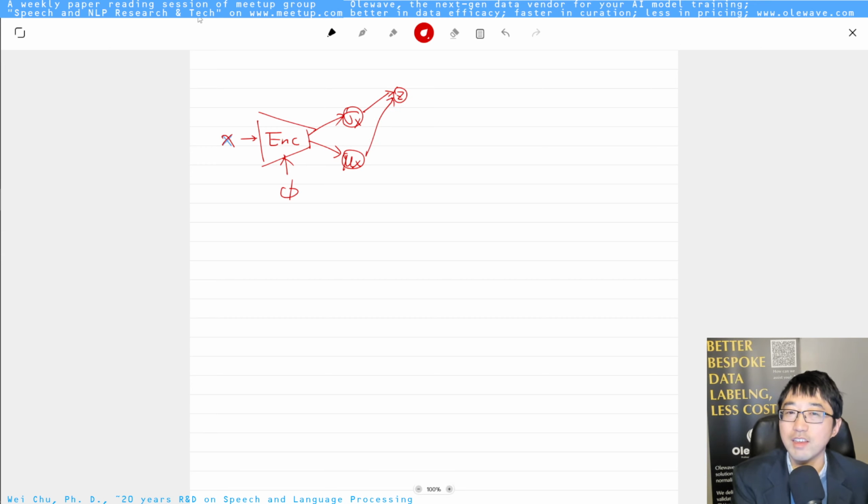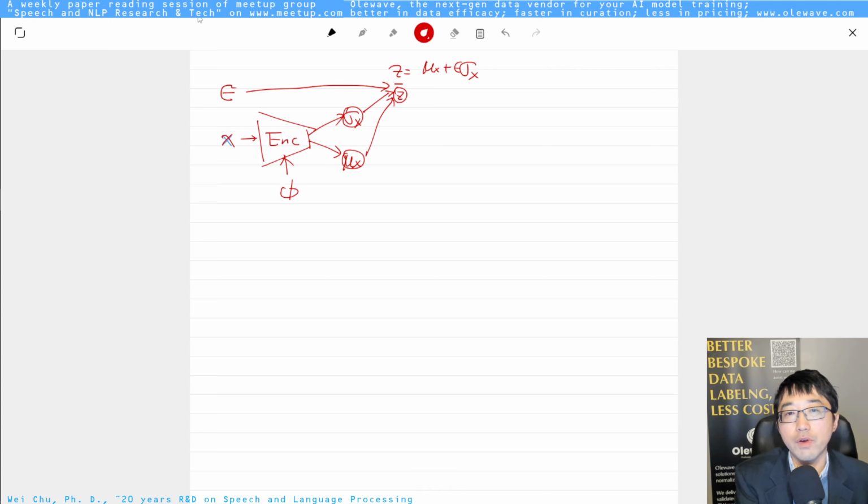I missed one thing. If you can pause the video and see what's missing. Right, you have to have an epsilon, because z equals mu x plus epsilon times sigma x. So this is a trick, or the R trick, the reparameterization trick.